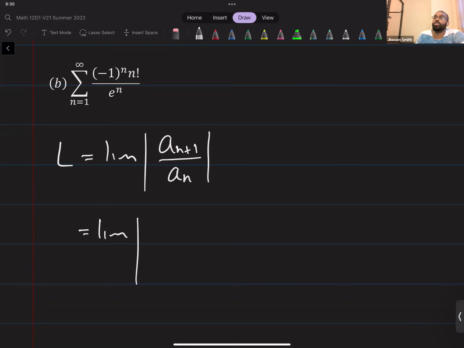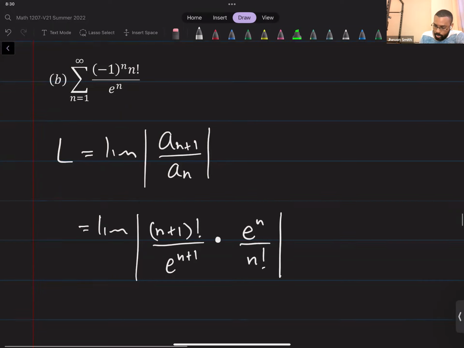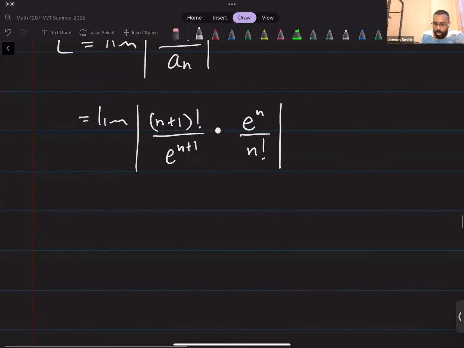I'm just going to jump in and replace n with n+1 everywhere. And then I multiply by the reciprocal of the original, so that's just e to the n over n factorial. Now I'm going to take my optional step.